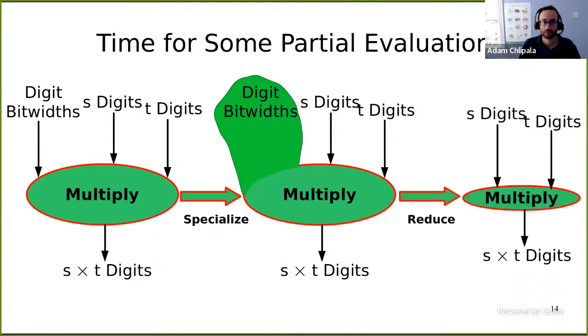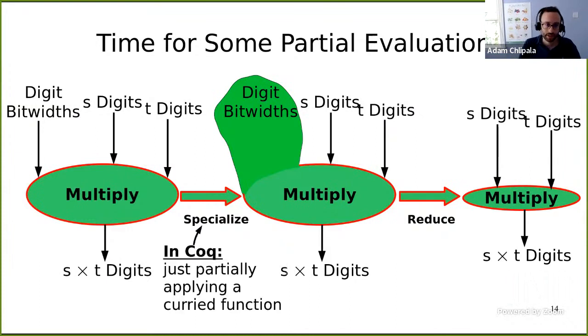And then we can algebraically reduce the resulting code to get rid of all the overhead of generic parameterization and get some nice lean code that looks more like a C program even. Now, the nice thing about doing this in Coq is that that specialized stage is really just partially applying a curried function, effectively free.